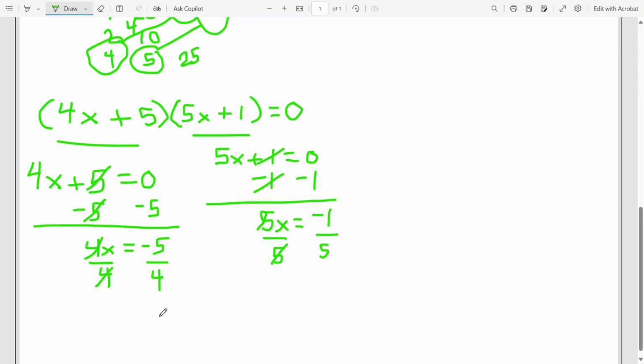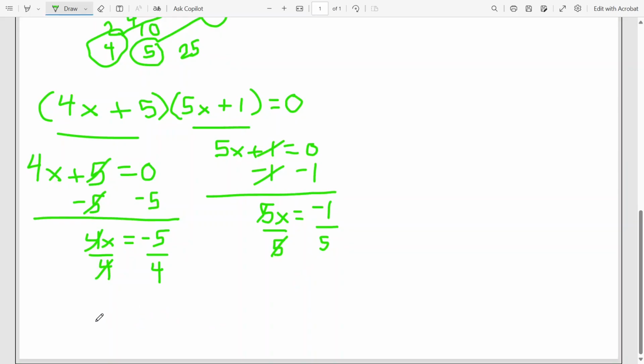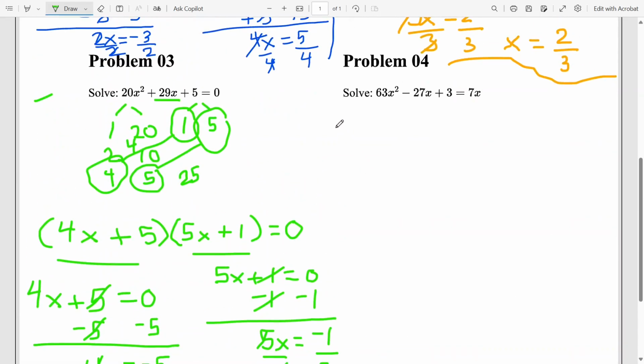The 5's cancel here, and we get x equals -1/5. So my two solutions here for this one are x equals -5/4 and x equals -1/5. All right, cool.